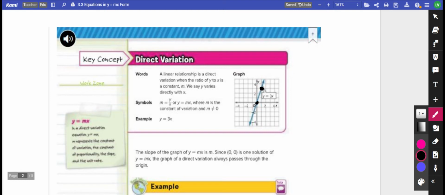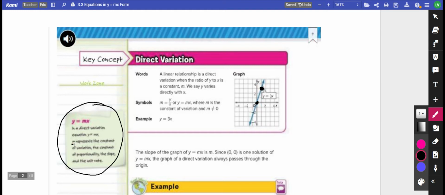In a direct variation equation, y equals mx, m represents the constant of variation, the constant of proportionality, the slope, and the unit rate. So again, the m has many representations.